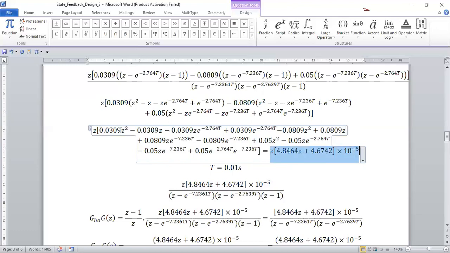So you know you have z squared. The way you reduce it is that you bring out the z squared, you add the z squared terms here. So this is a z squared term, and this is also a z squared term, and this is also a z squared term. So when you add all the z squared together, it's actually 0.